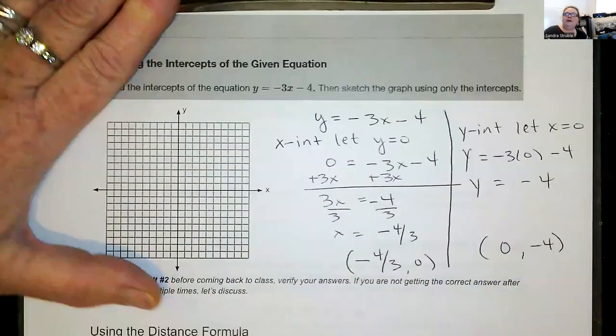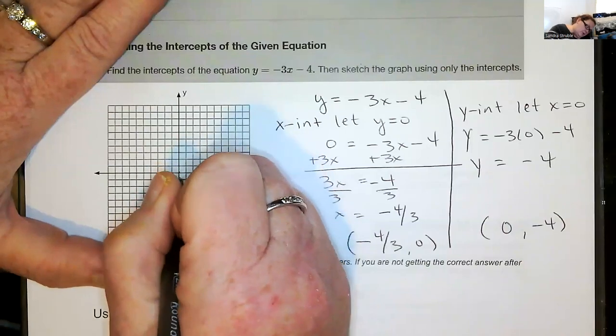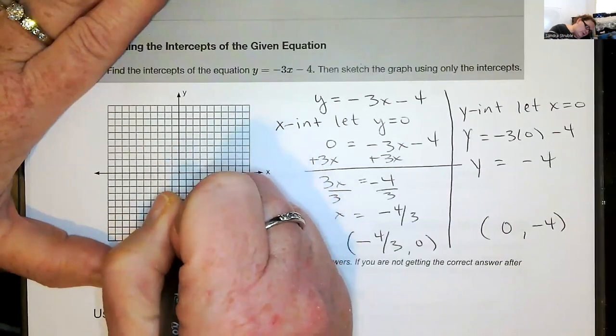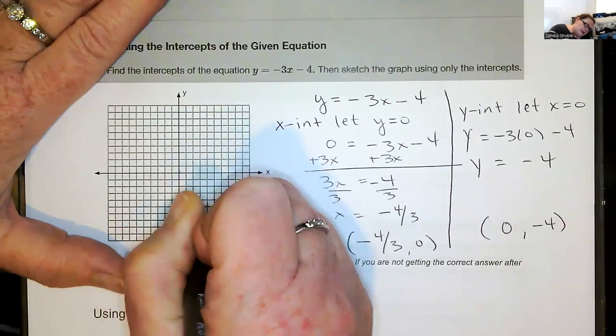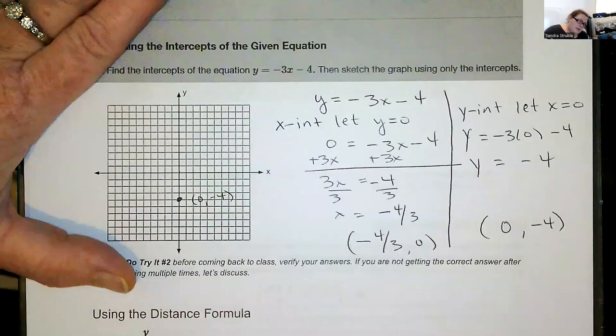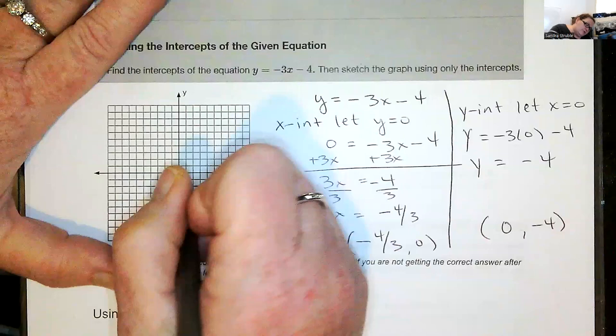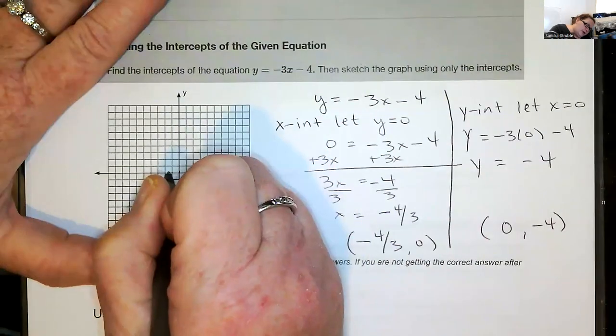All right, let's plot those. 0, negative 4 does not go left or right. It just goes down 1, 2, 3, 4. Place that point, and I again label it. When in doubt, label. And then for the x-intercept, it's negative 4 thirds. So you're going to go to the left, 1 and basically a third.